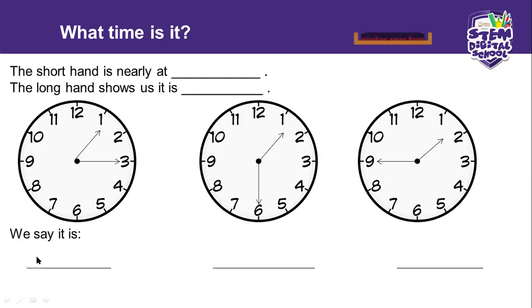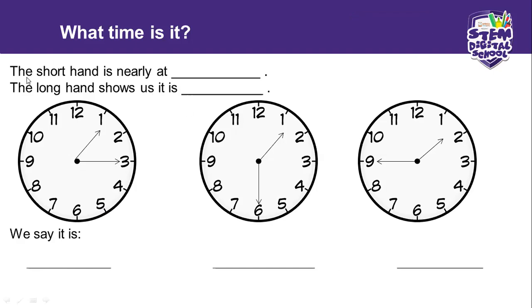So our time here, what time is this? Can you write it there by you? Write it on your exercise book. Okay, and then let's do the second one. There we go.